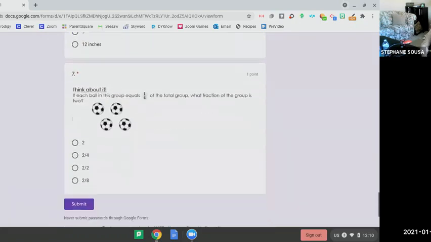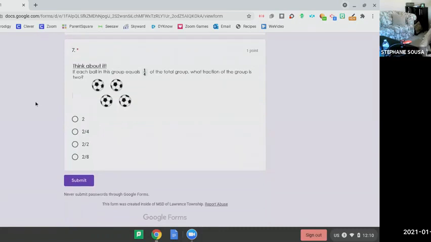Okay. Final one was a think about it. If each ball in this group equals 1/4 of the total group, what fraction of the group is 2?